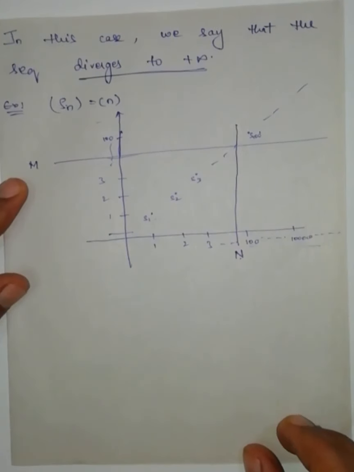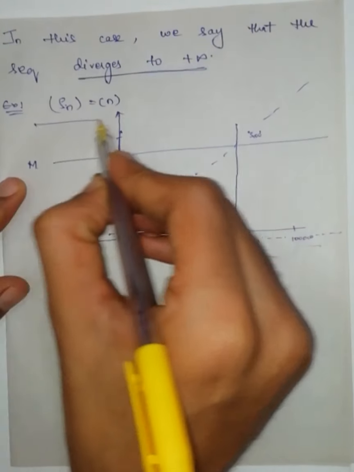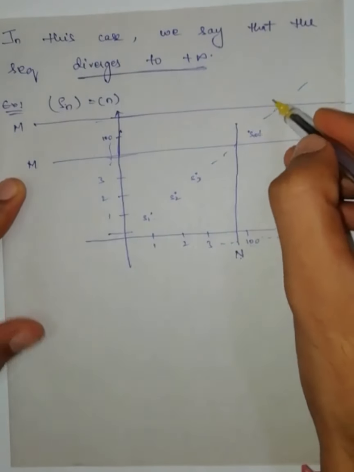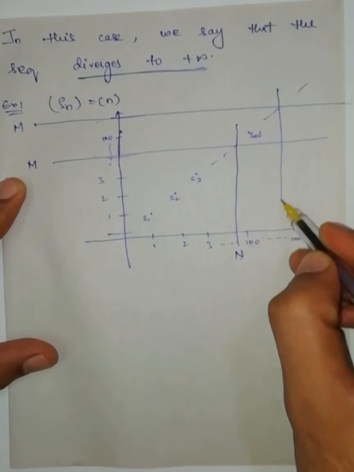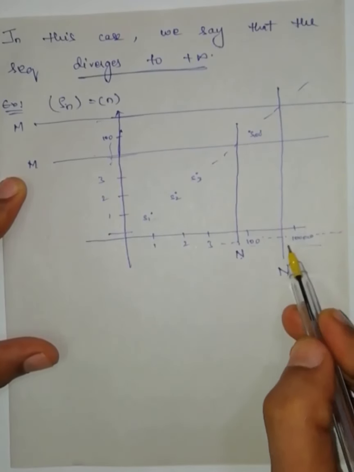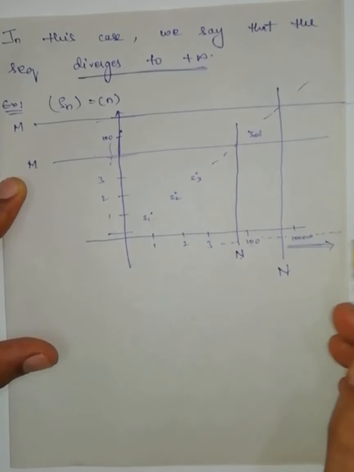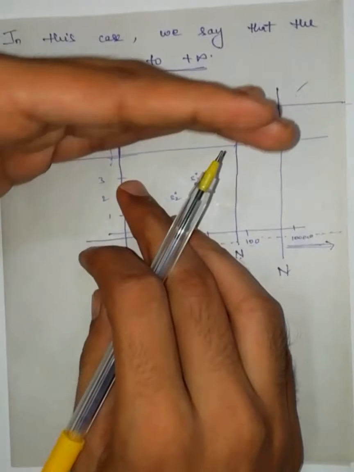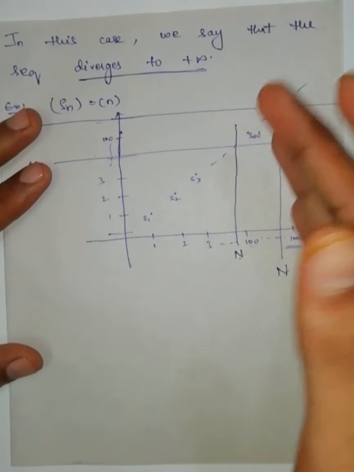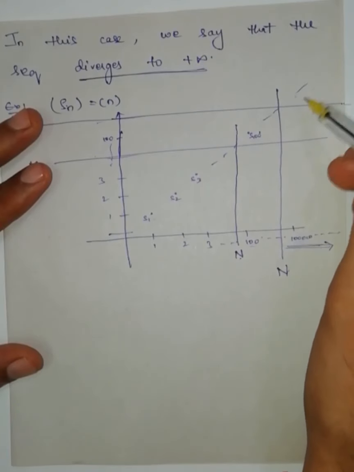Not only this capital M, you can take a larger number here. Let us take this as capital M. Then according to this capital M, I will get a capital N here. After this capital N, if I take any small n values, all the terms will be greater than capital M. Not only here, if I take any larger number, again there is a capital N, after which all the Sn terms will be greater.